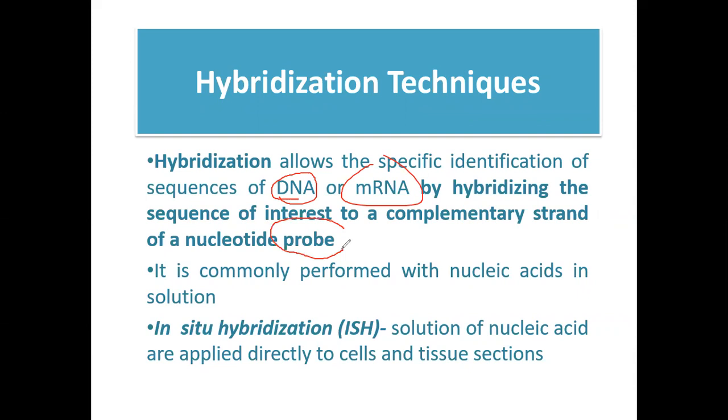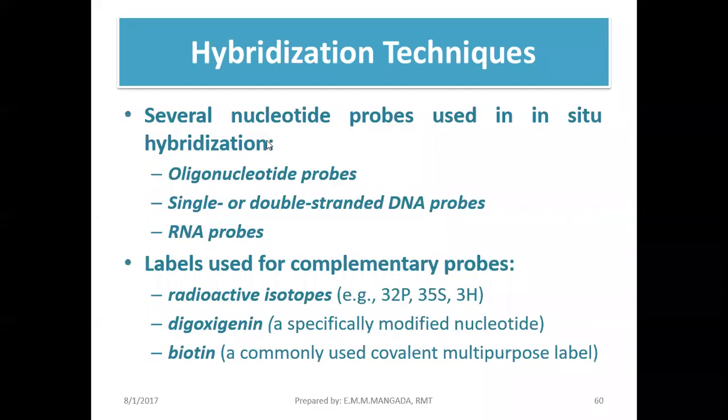Okay? It's commonly performed with nucleic acids in solution. So guys, an example of this technique is your in situ hybridization technique. Solutions of nucleic acid are applied directly to cells and tissue sections. So let's look into this one. We have the following nucleotide probes.